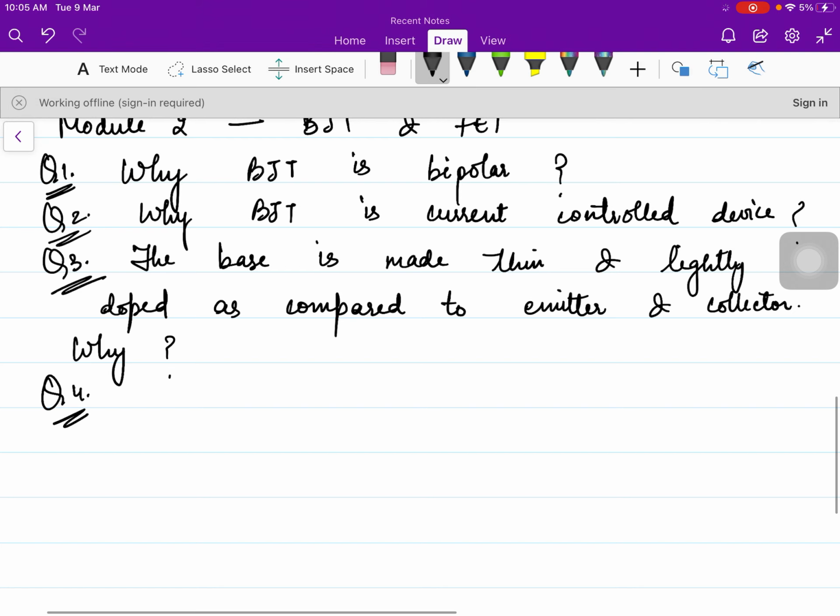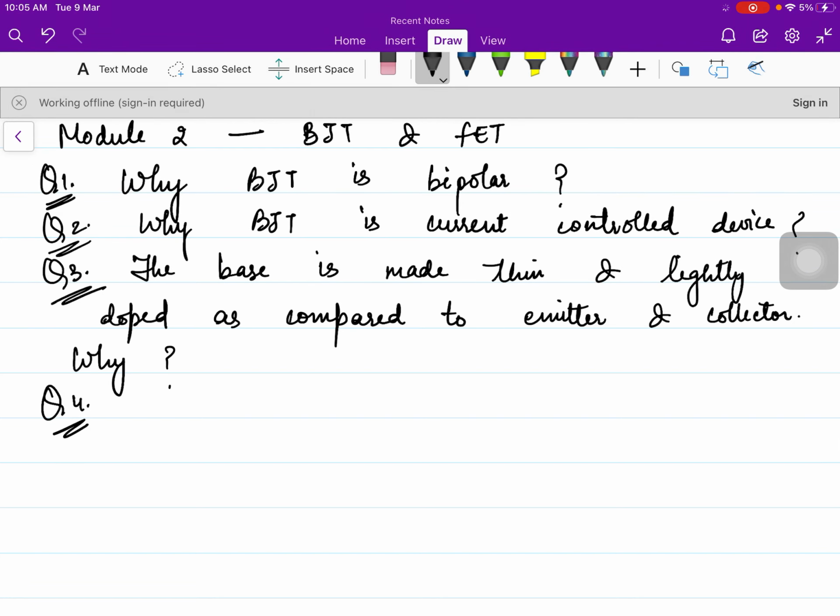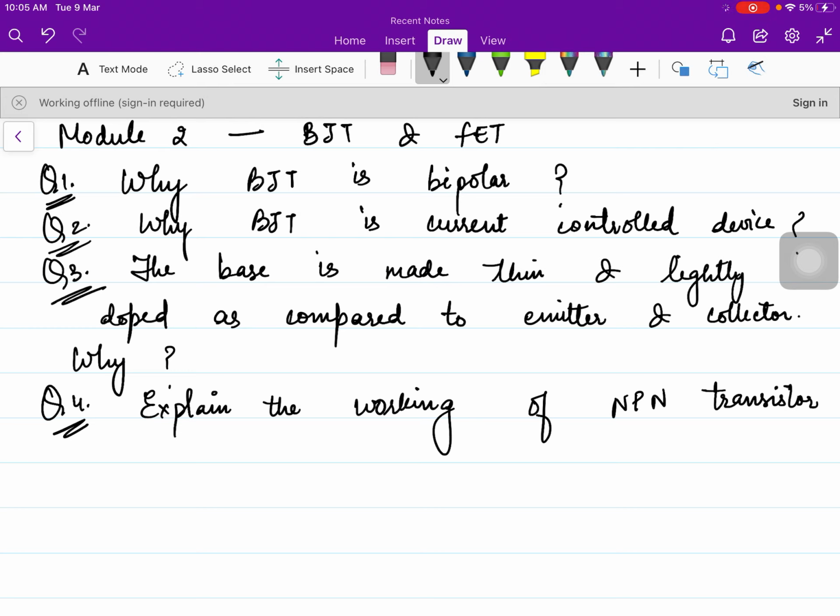Now the next question could be: explain the working of NPN transistor, or you could even be asked to explain the working of common base transistor. So don't get confused, that is the same thing in active mode.